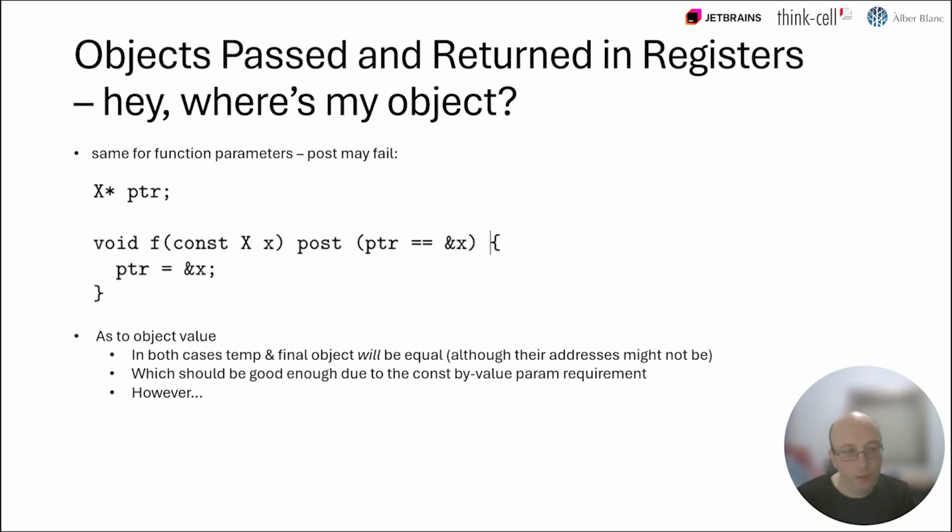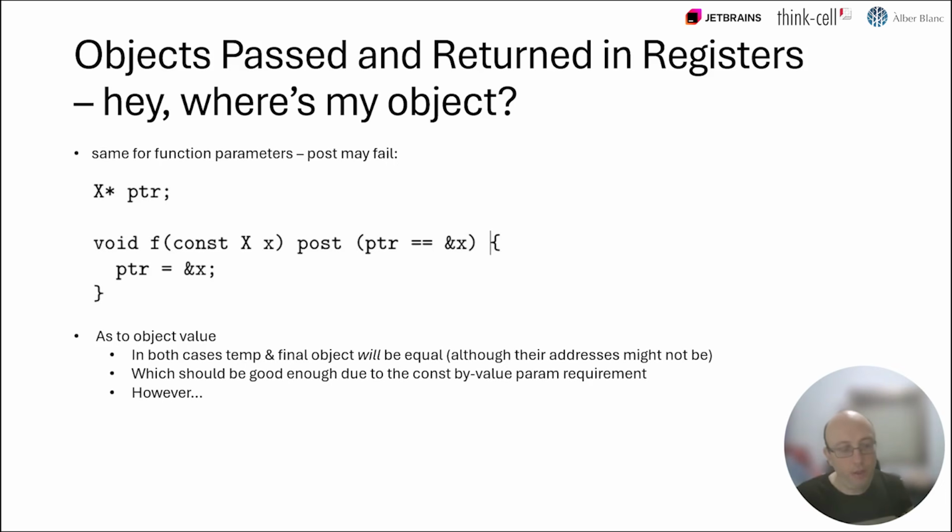A very similar thing is happening here, this time pertaining to the input parameter. We have an object that's being passed in by value, and then we are assigning its address to a local variable. And then in the postcondition, we are comparing the address of the input parameter to the same address supposedly that we have stored.